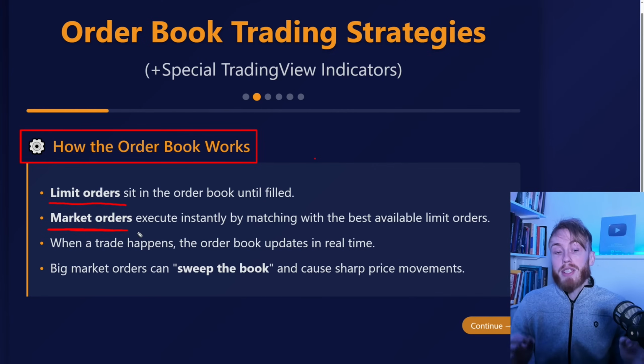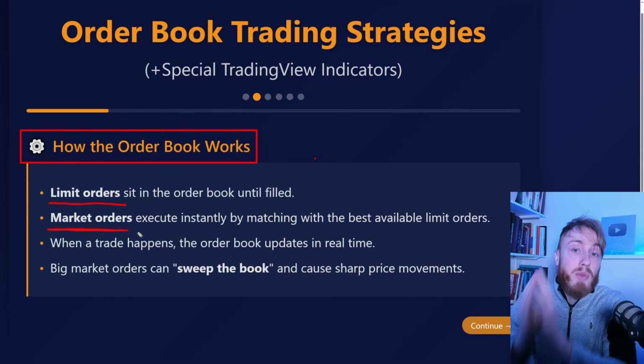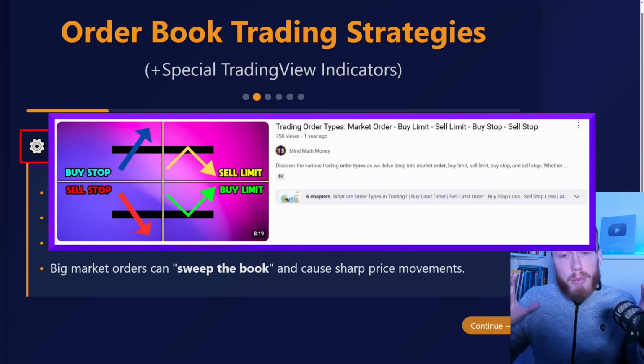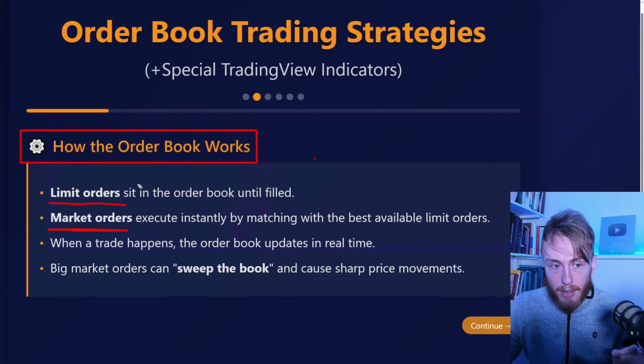A market order is basically an order which executes directly when you use it. And by the way, guys, if you want to learn more about order types, I do have a full video about that, and I will make sure to link it in the video card and the description. I highly recommend checking out that video. You pretty much need to know about orders in order to use the order book effectively.